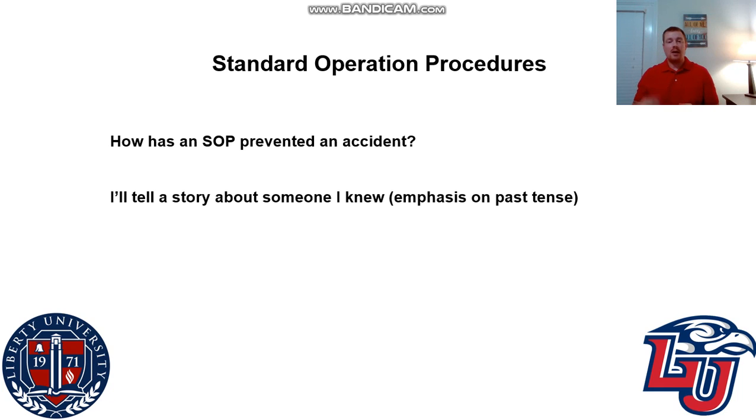He got his instrument, commercial, multi, CFI, double I, and he started instructing. Well, one day I got a call that said that he was involved in a crash, and one of his passengers died, and he was in the hospital, and another of his passengers was in the hospital, and they ended up dying later. So all three people ended up dying.